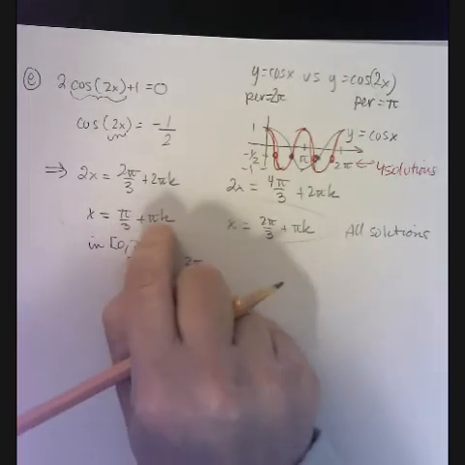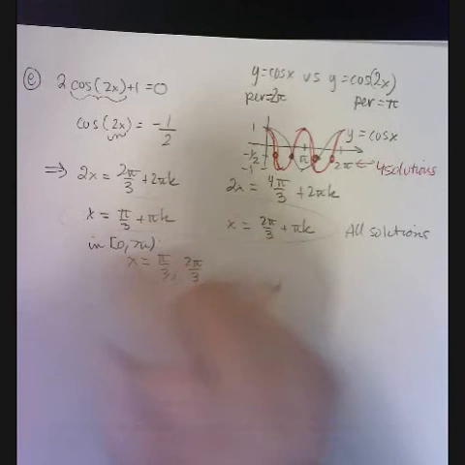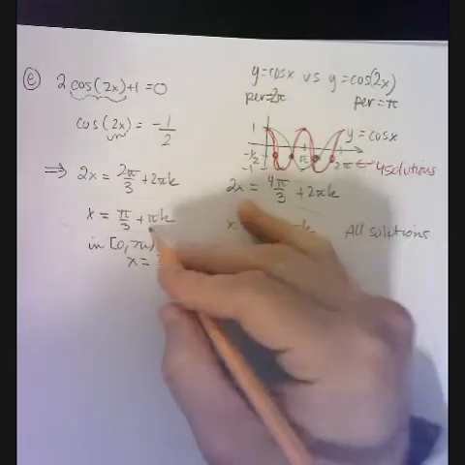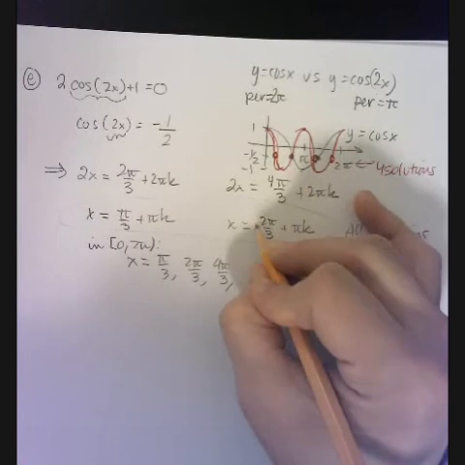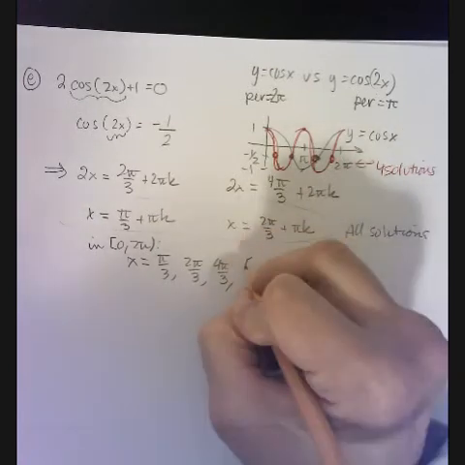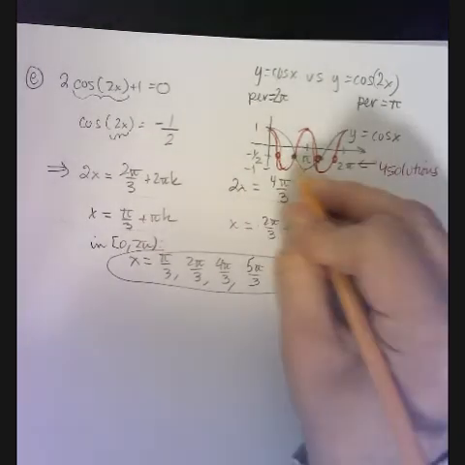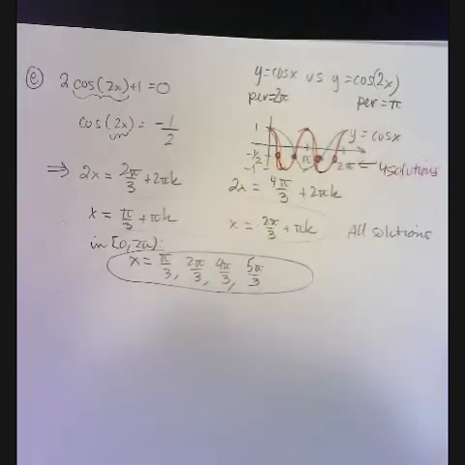Pi is 3 pi over 3, which would give me the 4 pi over 3. And then add pi to this one. 2 pi over 3 plus 3 pi over 3 is 5 pi over 3. Those are the 4 solutions which I showed graphically with the red dots there.